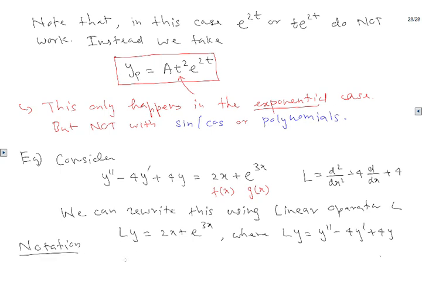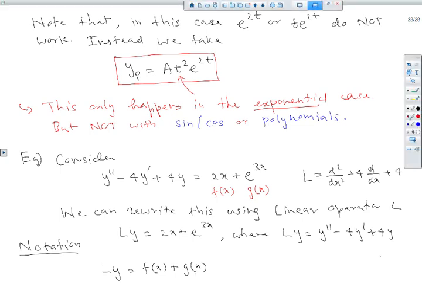So that means your differential equation you can simply write as Ly equal the sum of the two, f(x) plus g(x), like that. Now if you get a problem like that, we're going to consider these two problems separately.